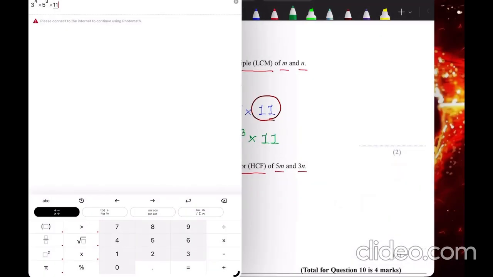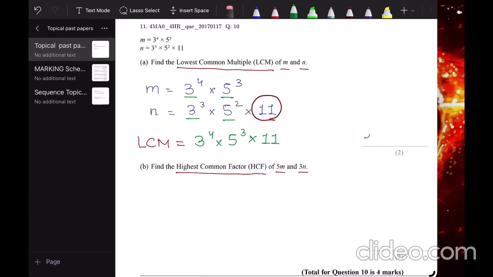Let's check it online, and the answer is 111375. That will be your LCM.